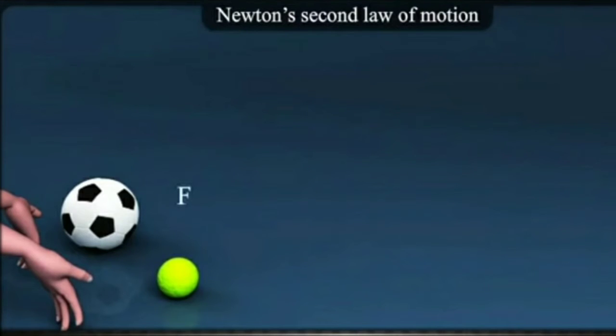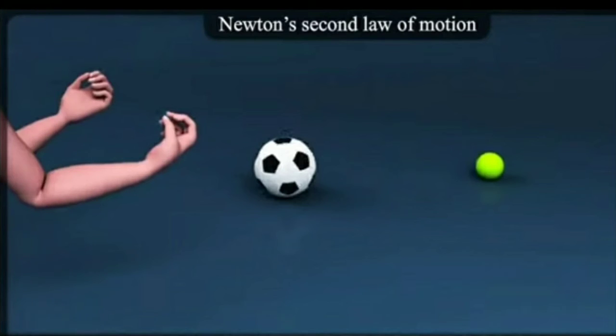Children, consider two objects having different masses which are initially at rest. So, the initial momentum of both would be what? 0, right? Now, suppose a force F acts for time t on both the objects. Then what will happen? The lighter object will start moving faster than the heavier one, right?